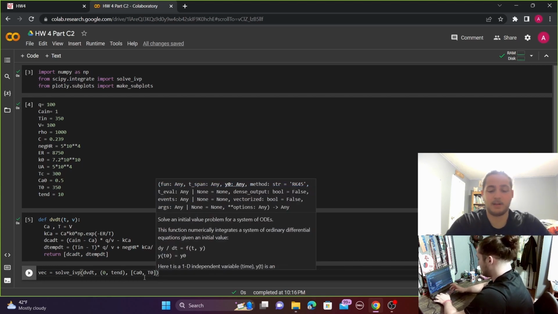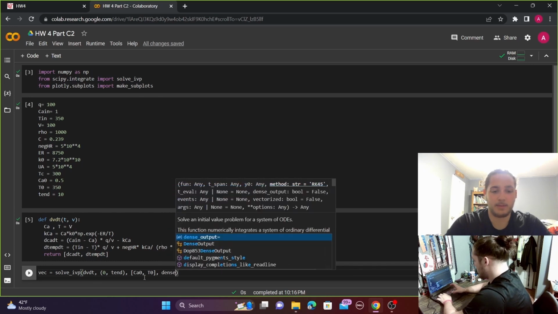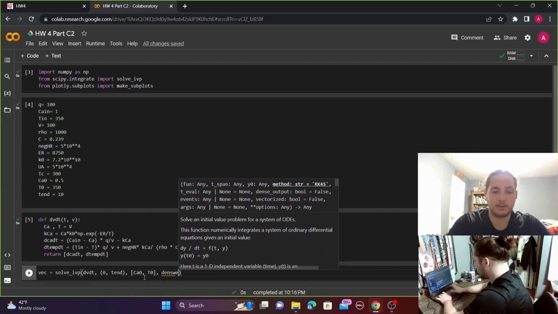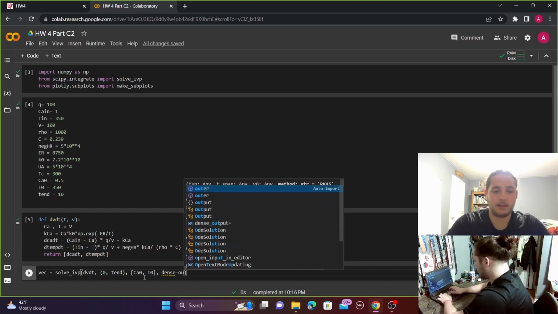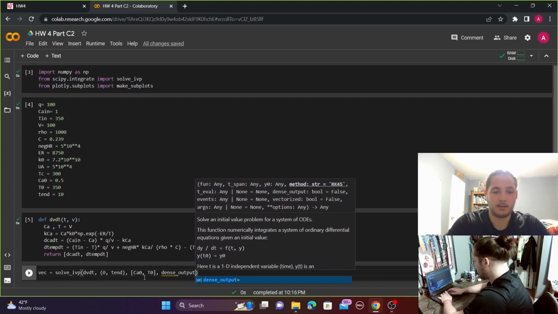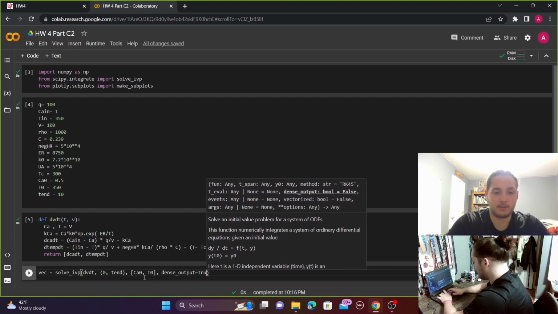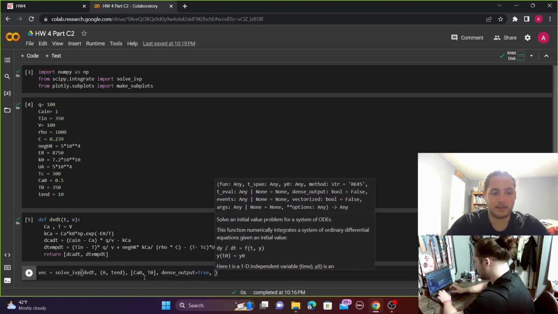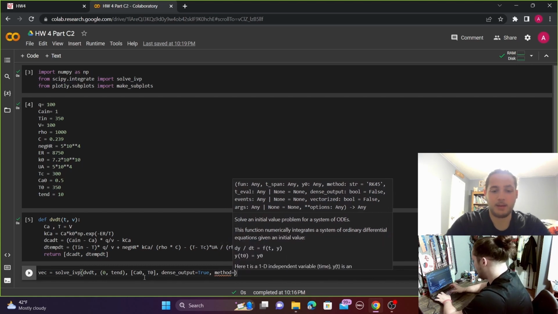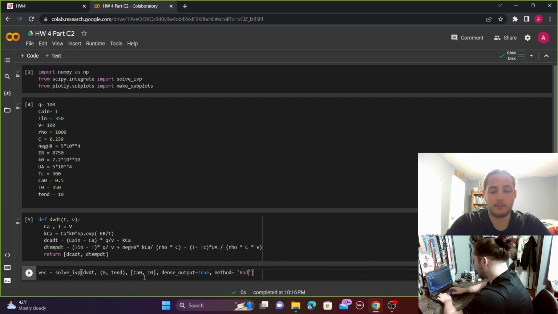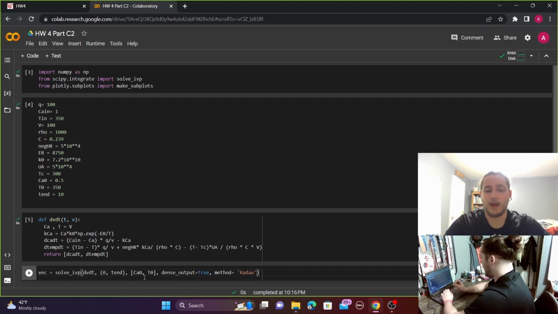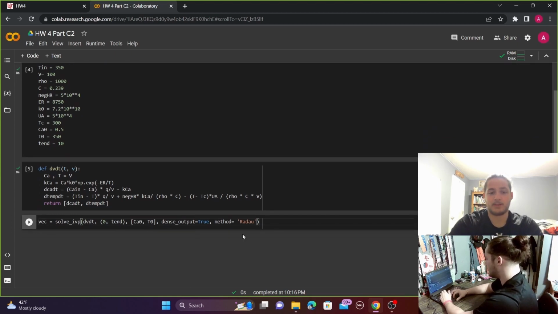And then, as we did in the previous parts, we are going to make dense output equal to true. And lastly, in this line, we are going to make our method equal to Radau, and we are using this method because it makes our answers more accurate, and it just takes a little bit more time than the standard method.